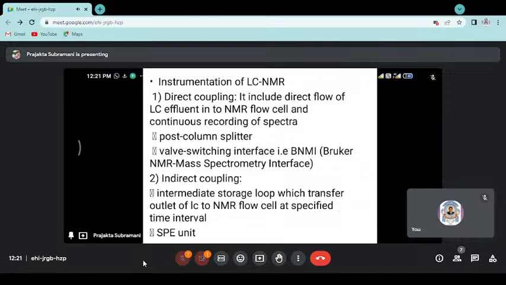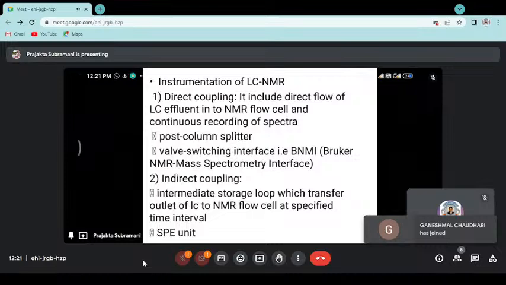Then stop flow mode. In stop flow mode also, the outlet of the LC detector is connected to the NMR probe. The LC detector is used to detect the peaks emitting from the column. The peaks are detected and the flow continues until the peak arrives in the NMR cell.